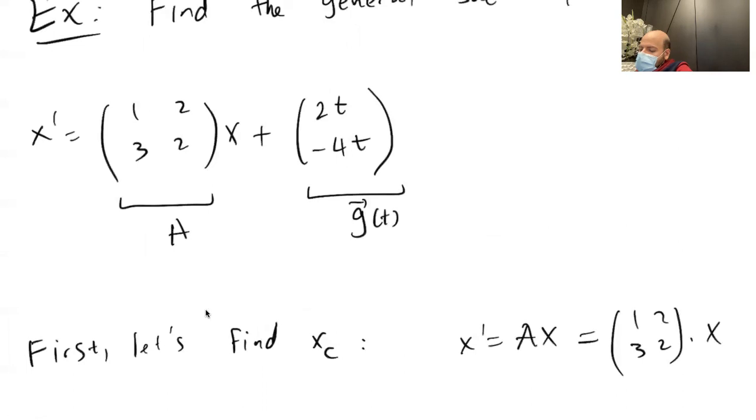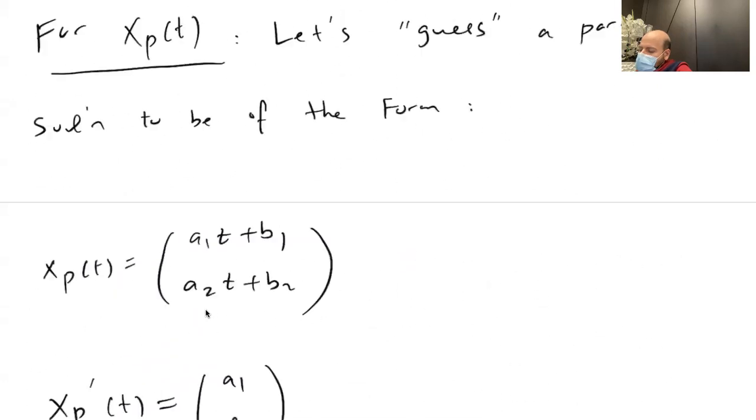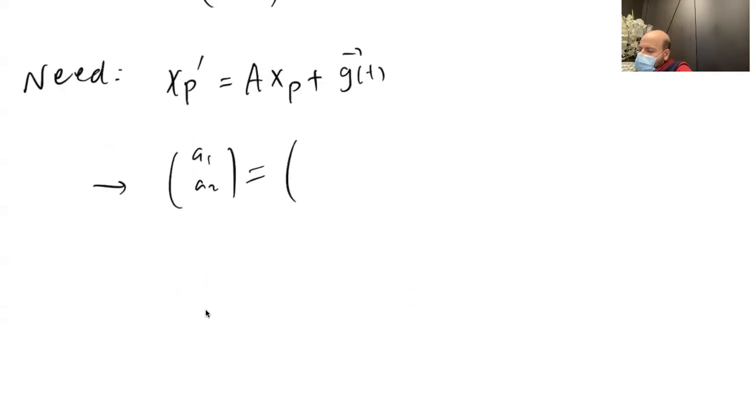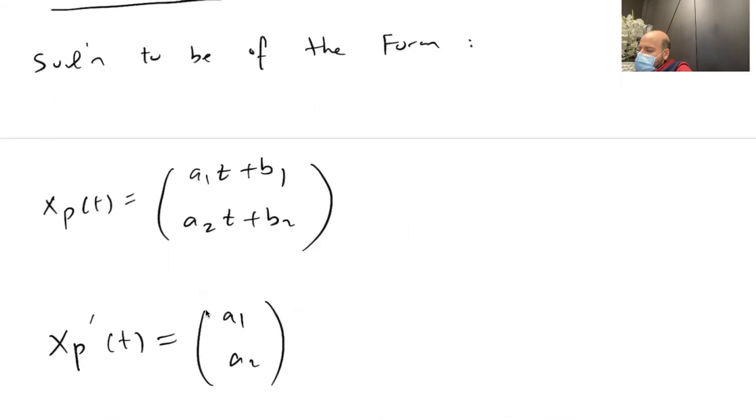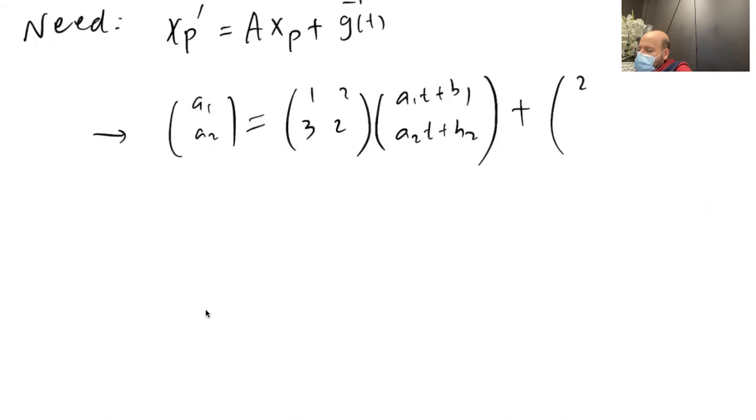So xp prime I already calculated. Now I need to find A xp and then add it with g of t. A is this matrix 1, 2, 3, 2, times xp, which is a1t plus b1 and a2t plus b2, and then plus g of t. G of t will be 2t and minus 4t.